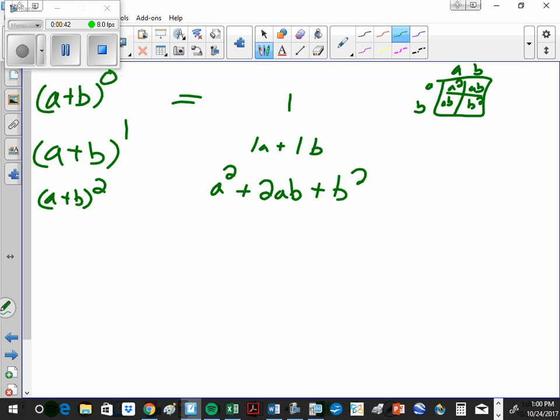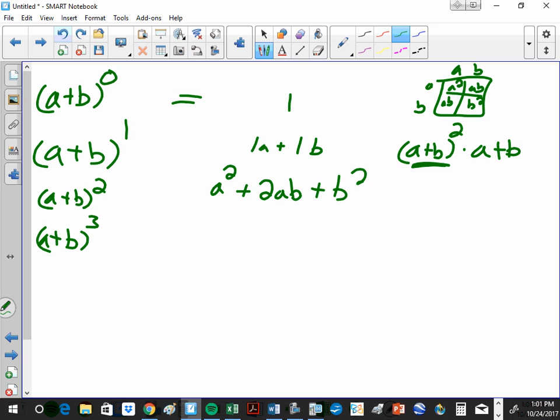Right? What if I had a plus b to the third? I would take, really I could just do a plus b squared and multiply that by a plus b. So this is this.